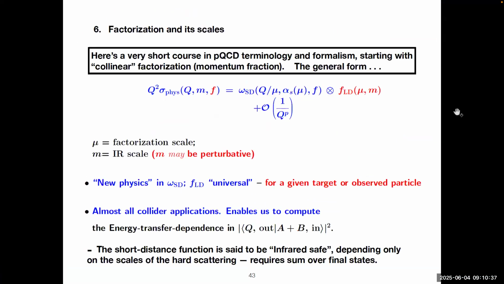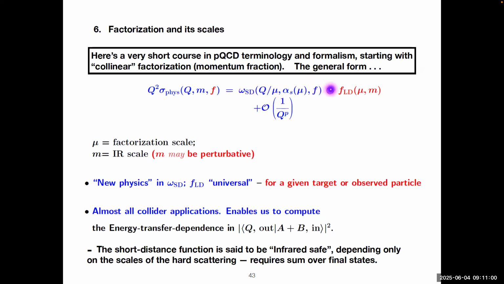Okay, good. So the physical cross-section is written as a convolution. Here, this is typically an integral over momentum fraction. Or in some cases, and we'll see when we take particular moments of the cross-section, we can reduce this convolution to a simple product. But we can think of the convolution as acting as though it were a product.